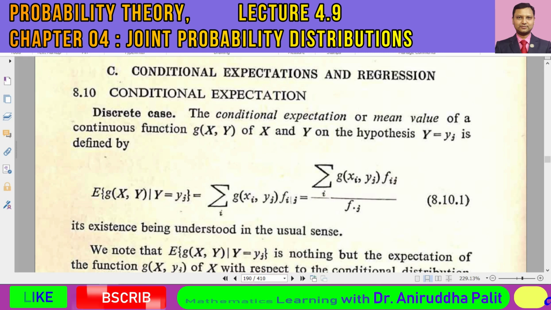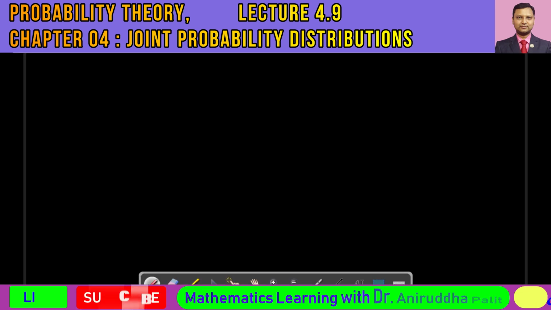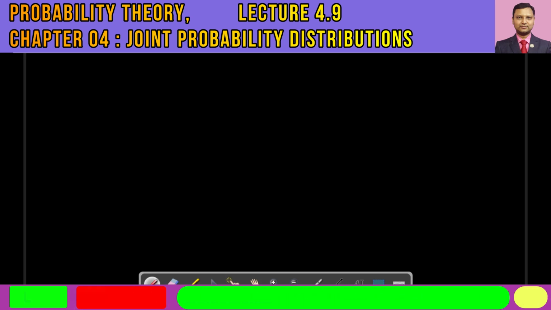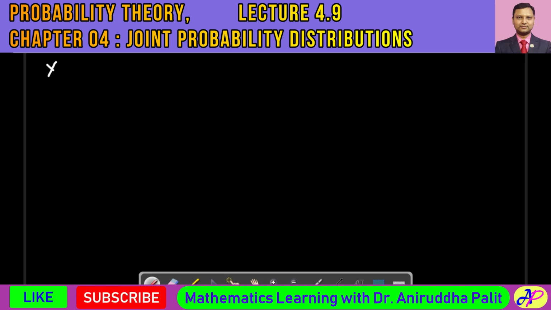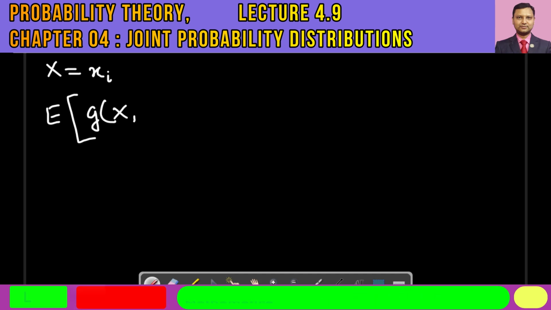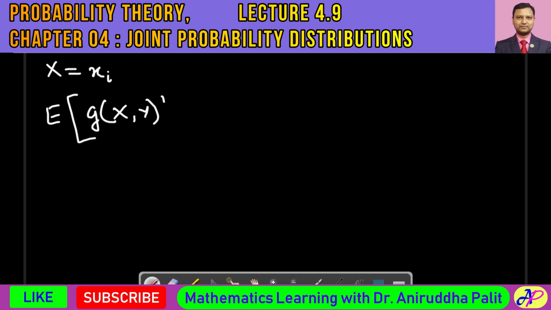Similarly, you can also define the expectation in case of the conditional distribution of Y given X equal to, say, xi. Then how can we define this one? We can write the expectation of this kind of function g(X, Y) given X equal to xi.